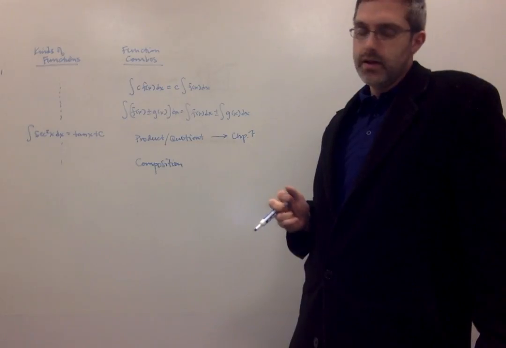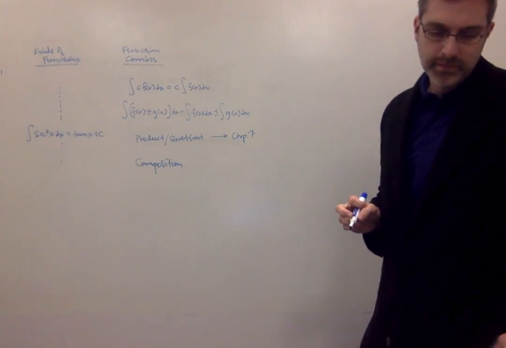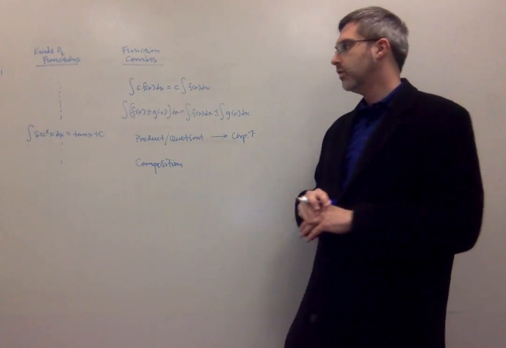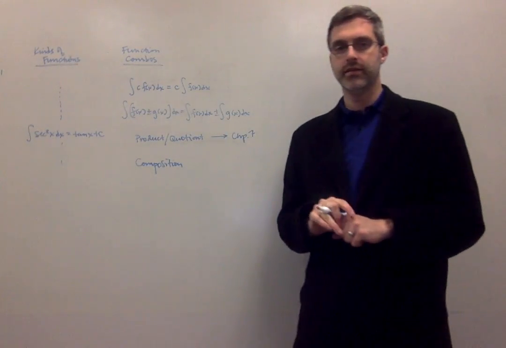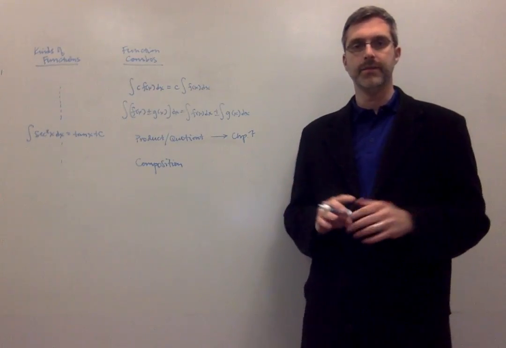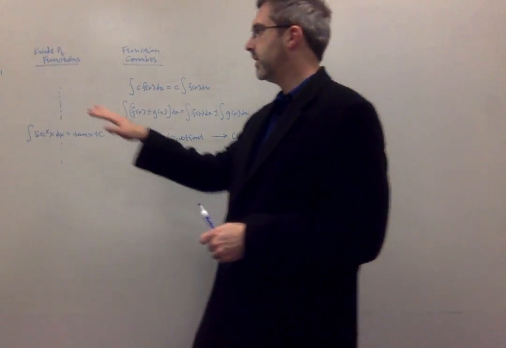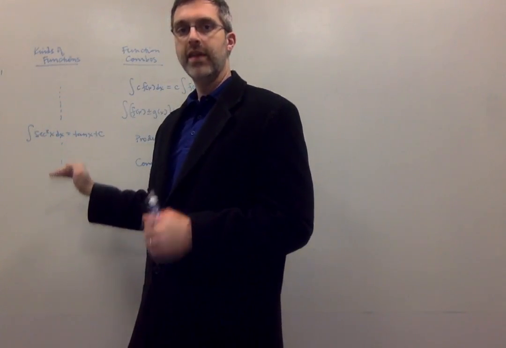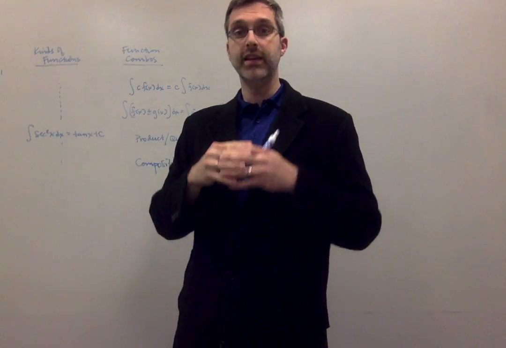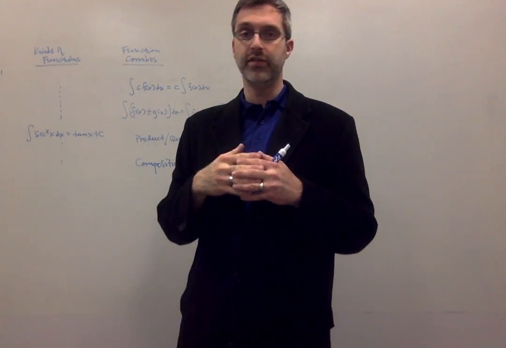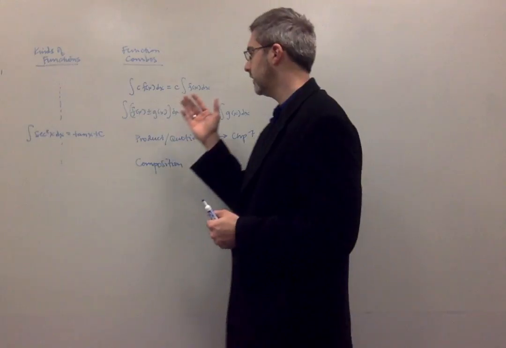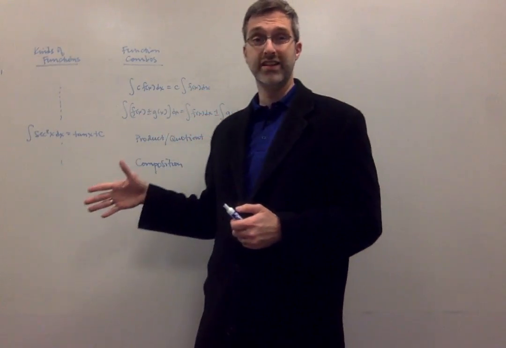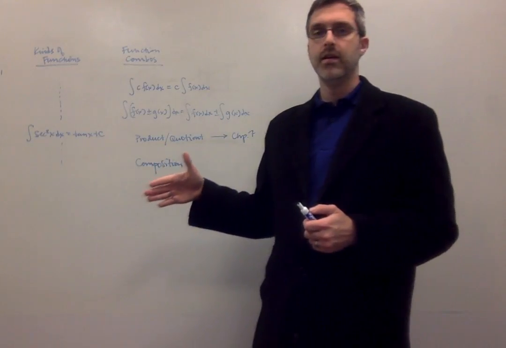So, let me just say it this way. When we did this with derivatives, we found a bunch of rules for specific functions, and then what allowed us to get really general and be able to take derivatives of all kinds of functions was that we knew if we combined any of those functions in a certain way, we knew how to differentiate them.